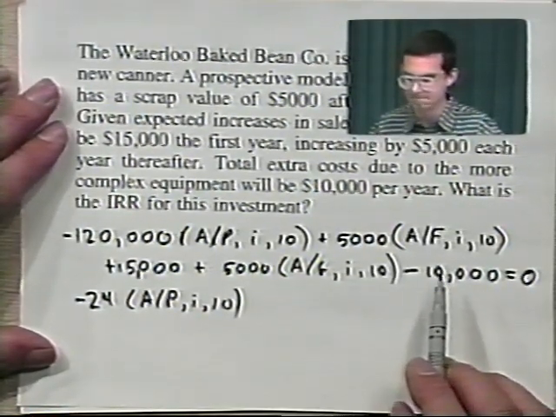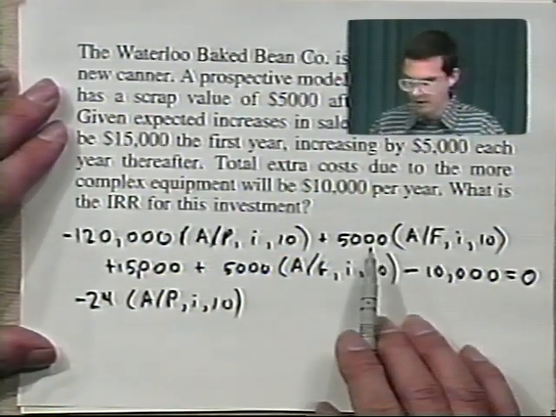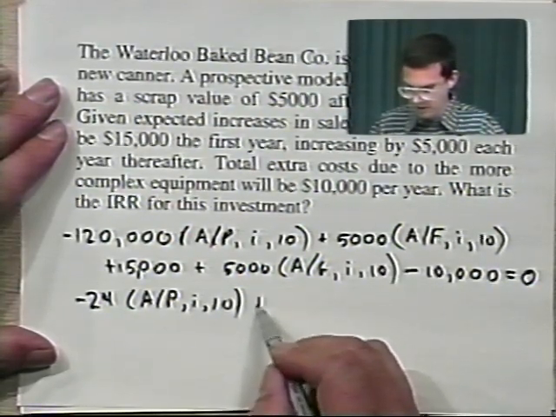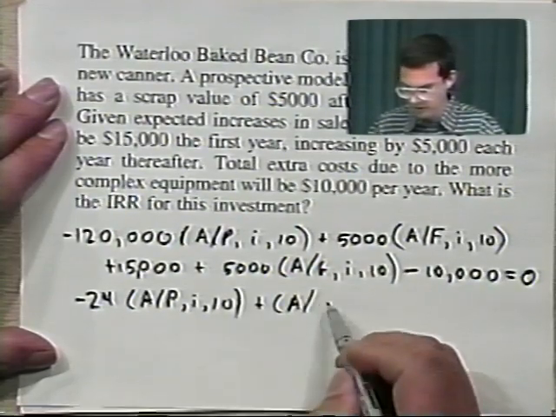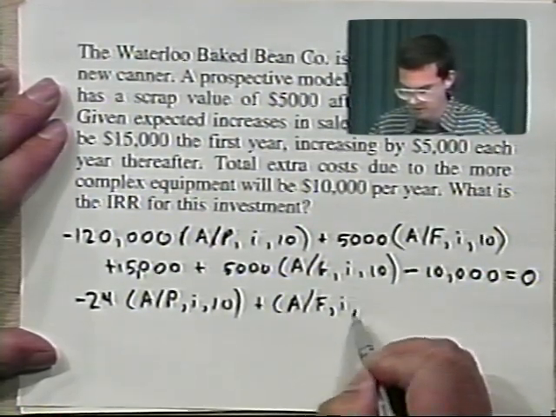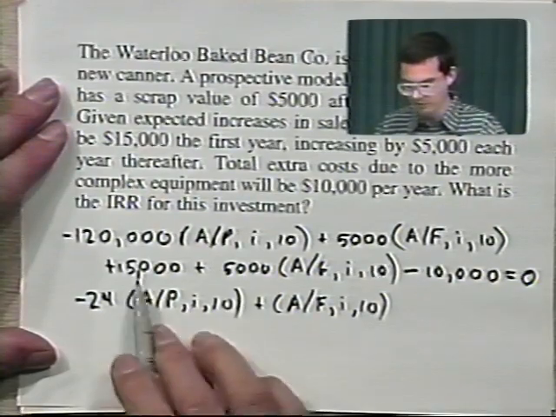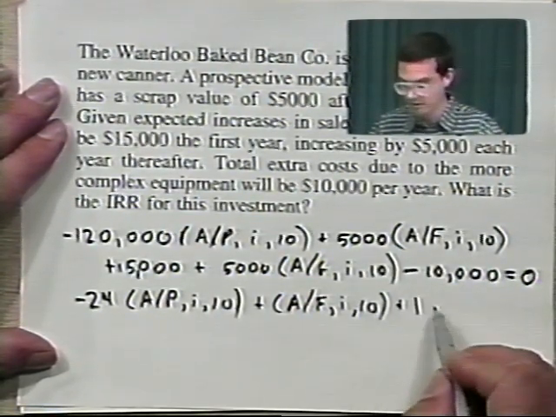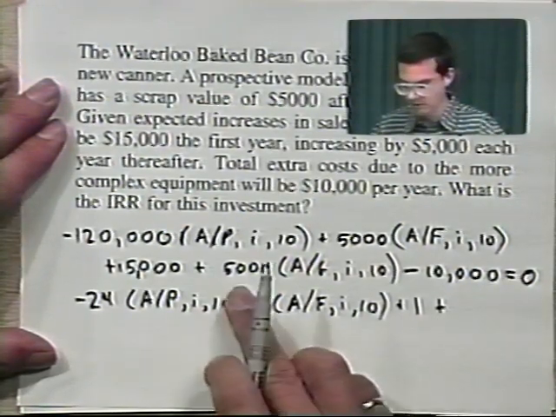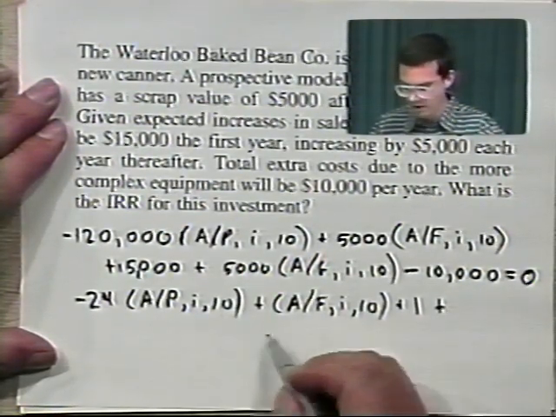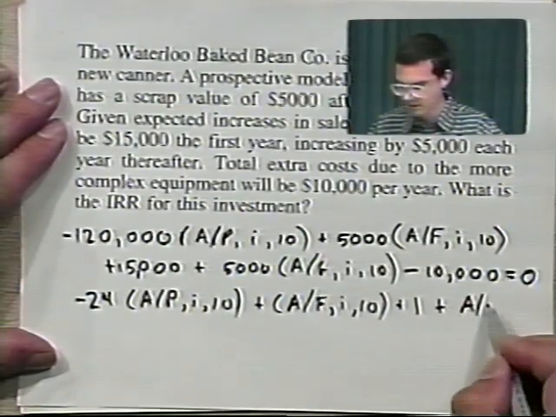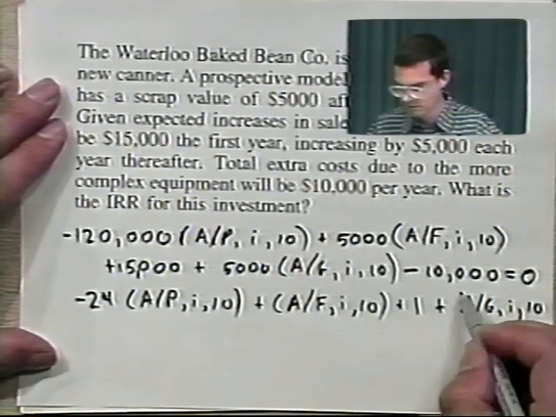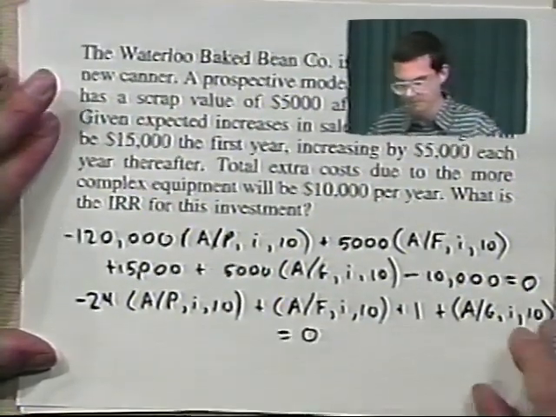And I get the sinking fund factor. Dividing by 5,000, the 15 and the 10 make just 5, and 5 divided by 5 is 1. And then that $5,000 disappears. I get the gradient conversion factor, and that's equal to 0.